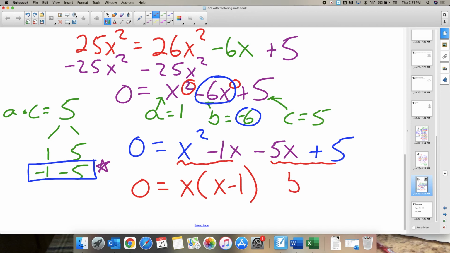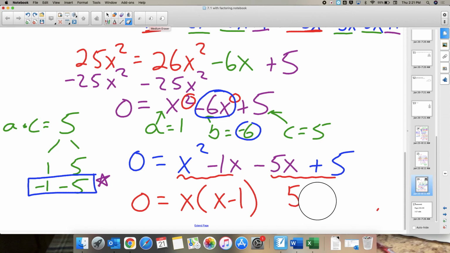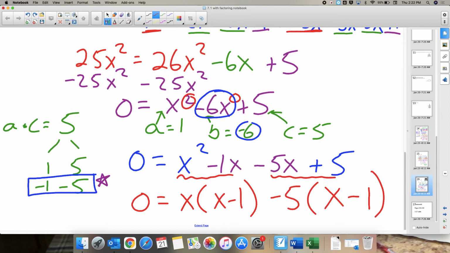If I take a positive 5 out, I would have had a negative x plus 1. We don't want to have negative variables. So instead of taking out a positive 5, we are going to take out a negative 5 instead. When I do that, I end up with a positive x minus 1.